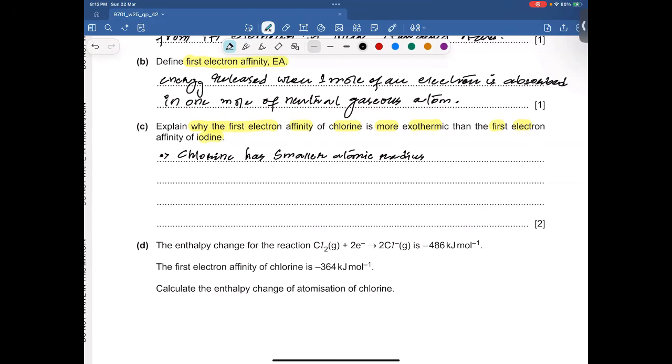So it has a strong nucleus to valence electron attraction. So gain of electron is easier.